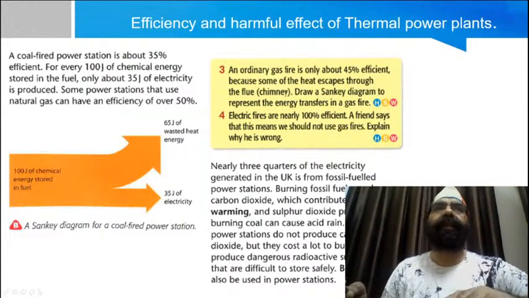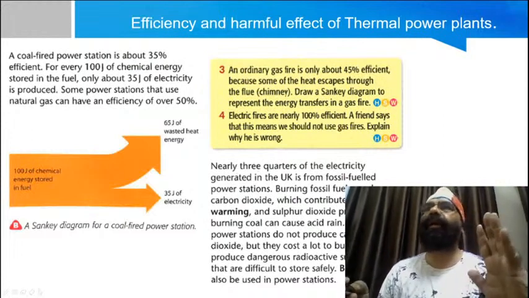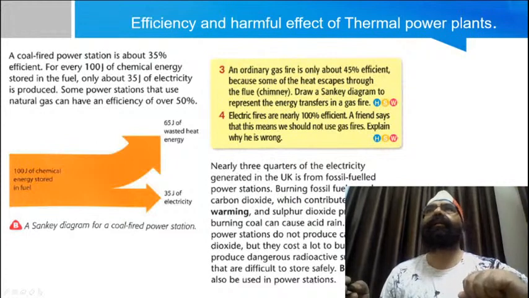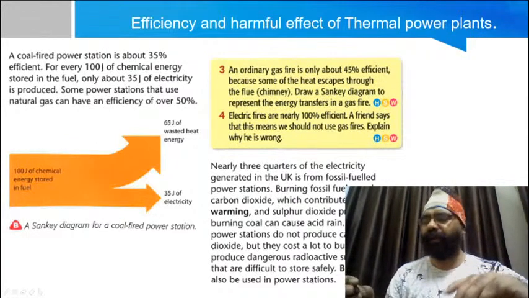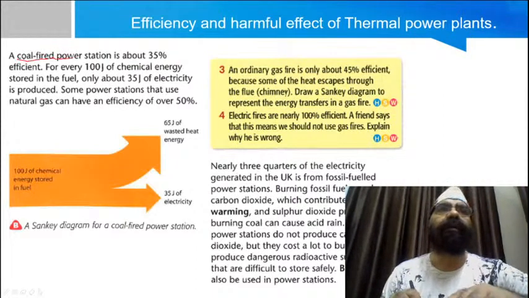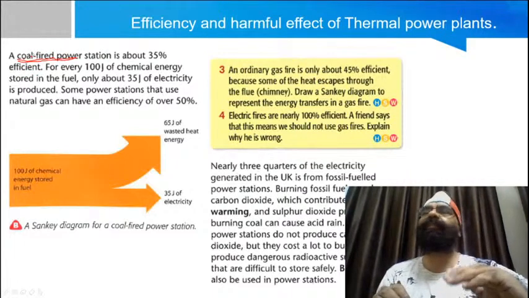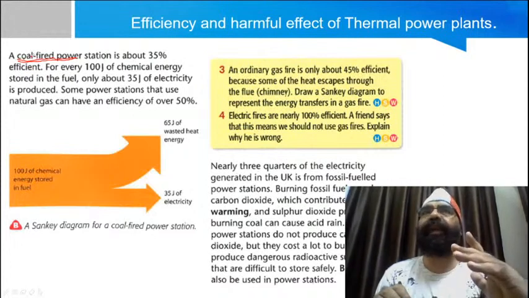Till then, let's look into the efficiency of a fossil fuel power station, or a thermal power station. And what do they use? They are coal fired. Coal is brought to these power stations in big wagons, big trains.